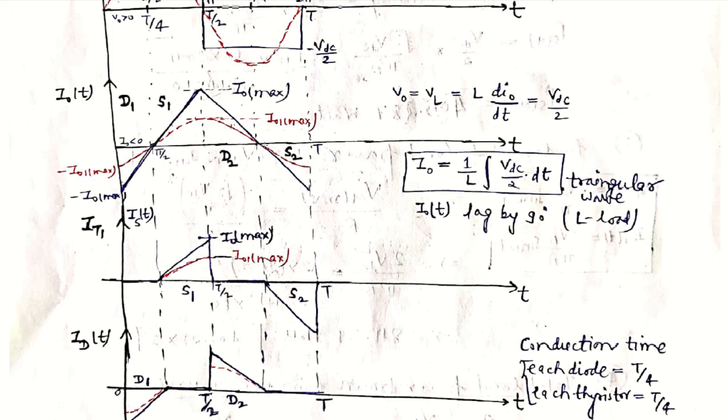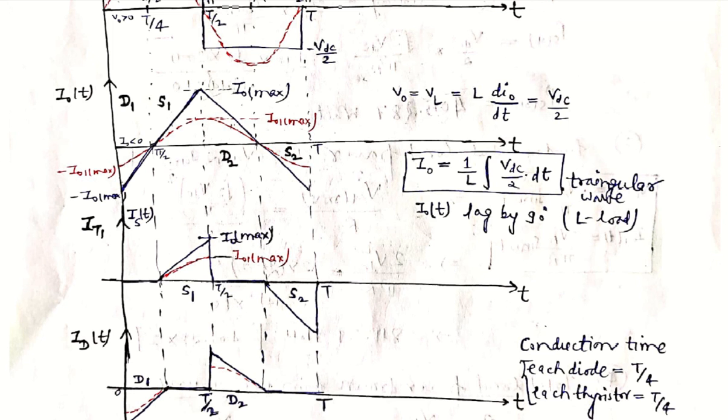So we will draw this negative part of the waveform from 3T by 4 to T like this. This is the switch current waveform. And this red colored waveform is I01 maximum. This is the fundamental waveform, which is sinusoidal in nature. We draw it only in the part where thyristor current is flowing, up to T by 2 in sinusoidal fashion.